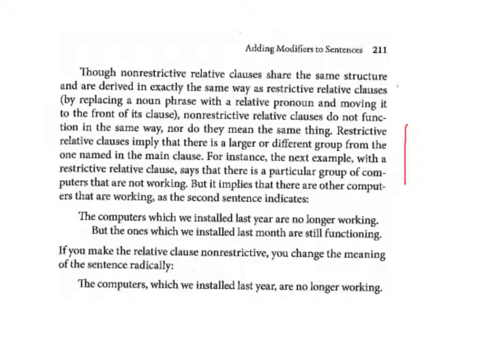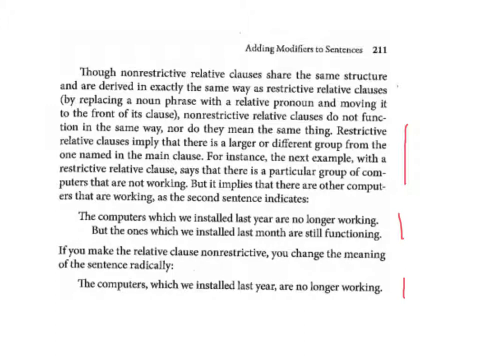So you look at these two examples, and this concept, there are several examples to illustrate this on the same page. So if you're having trouble figuring this out, just look at these sentences and it should become clear. The computers which we installed last year are no longer working. There's no comma. It's a restrictive relative clause, and so we know that not all the computers are no longer working.